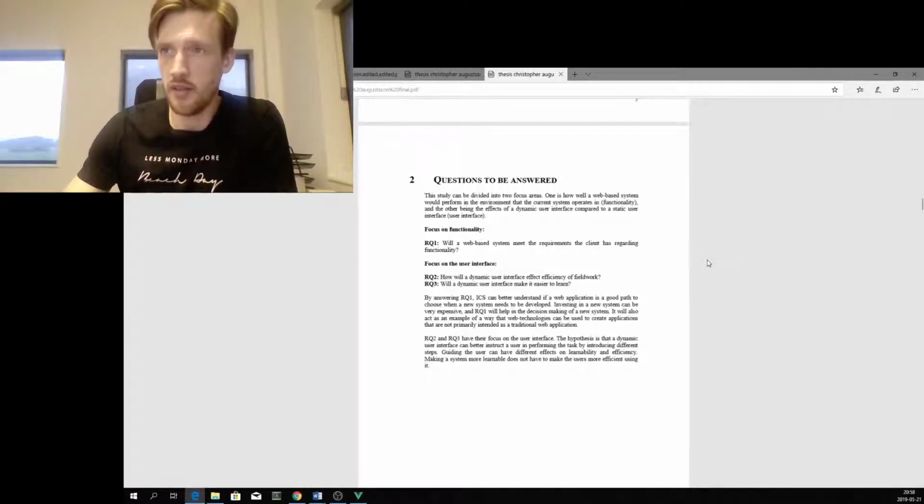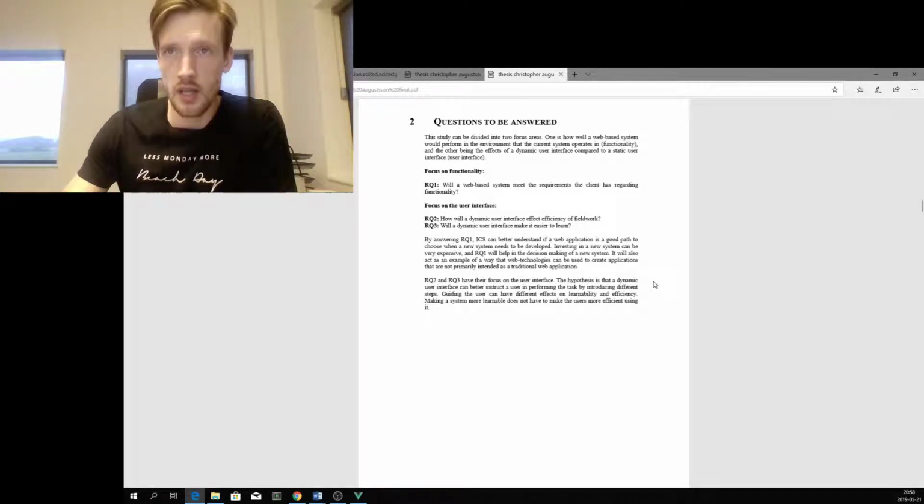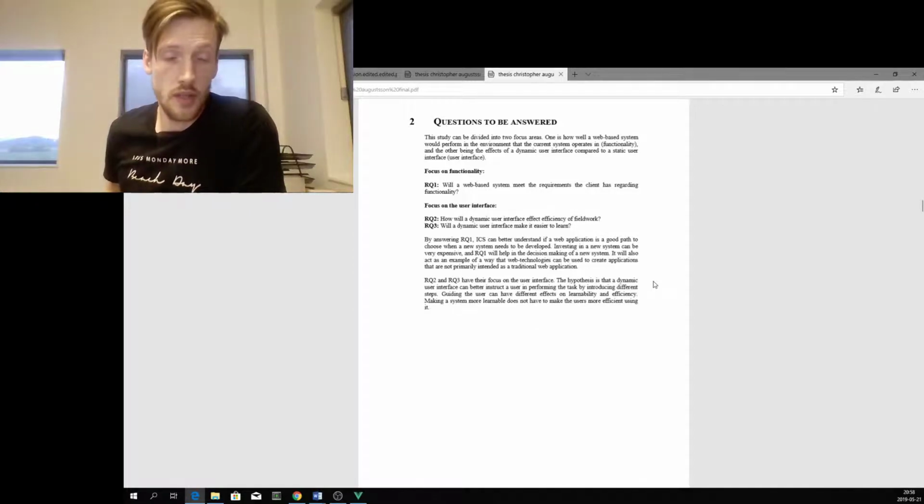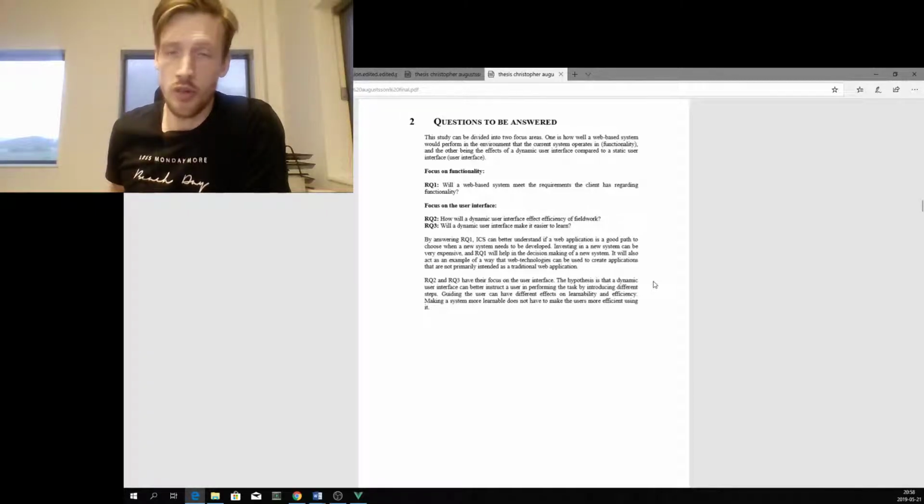And this basically means, can a web-based system do all the stuff that the current system can? And on the user interface focus, we have: how will a dynamic user interface affect efficiency of fieldwork? Will a dynamic user interface make it easier to learn?